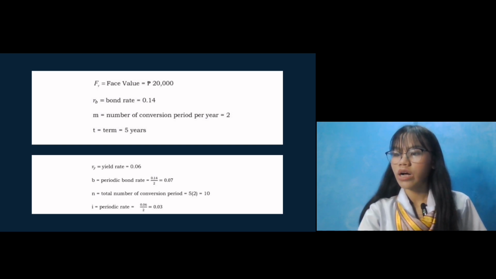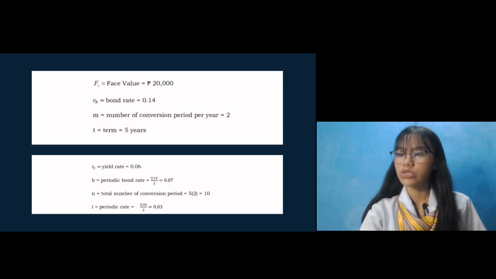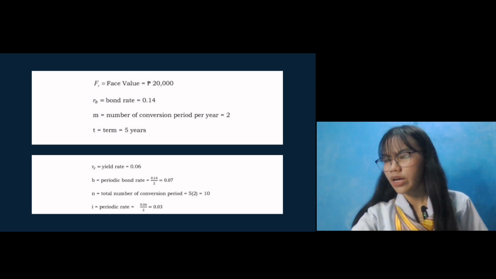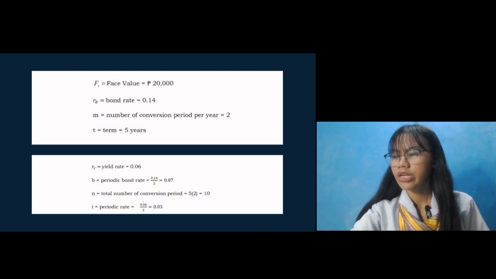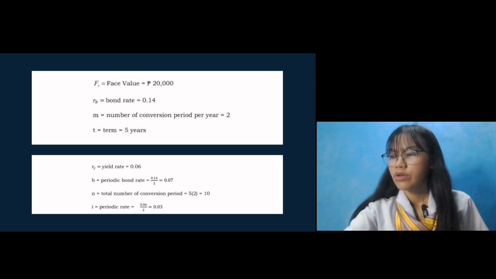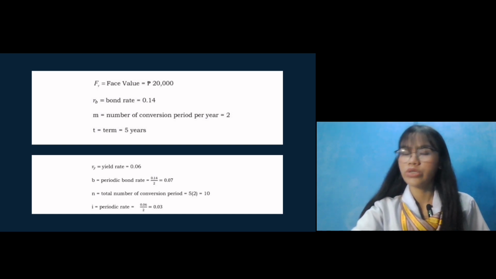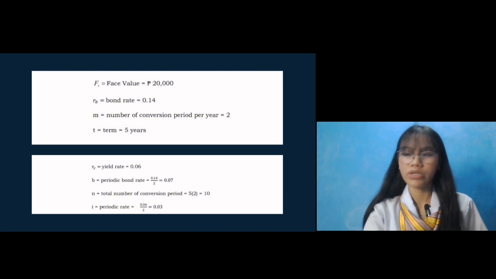Now, our T, as you can see, is 5 years. So our T here is 5. And we have another R again. The R here is the yield to the purchaser, so it is 0.06 if we convert 6%.